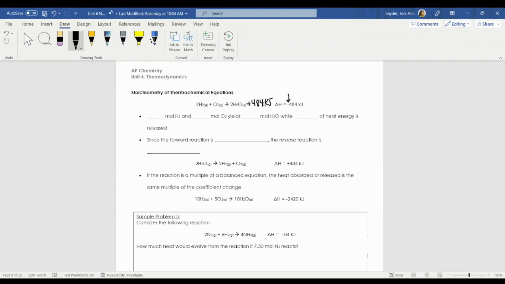But anyway, what this is telling me is that 2 moles of hydrogen and 1 mole of oxygen yields 2 moles of water, while 484 kilojoules of heat energy is released. And we can do stoichiometry with this information, which is what we're going to do down below.